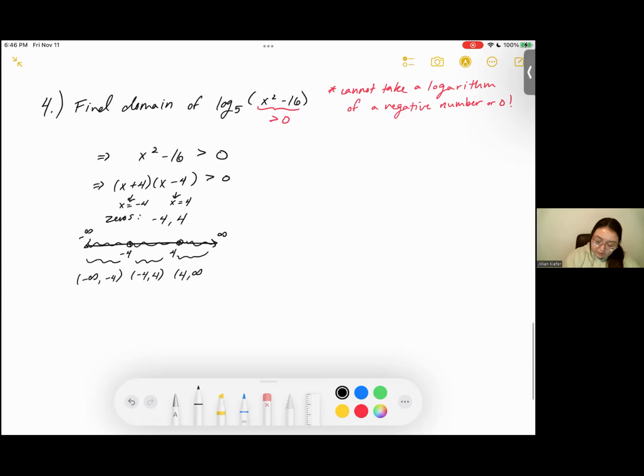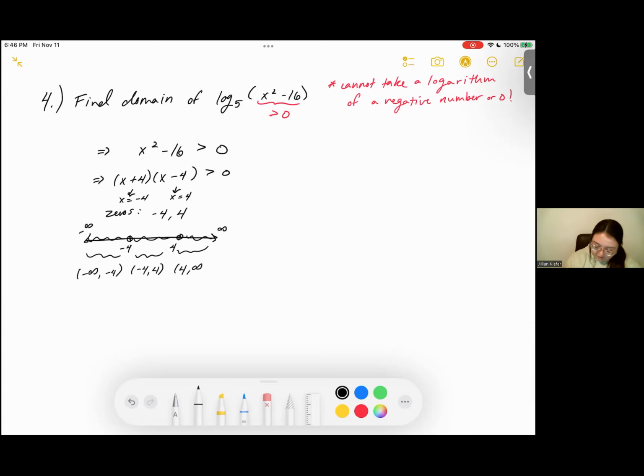So we are going to create the chart, create the table. So we've got negative infinity to -4, -4 to 4, and 4 to infinity.